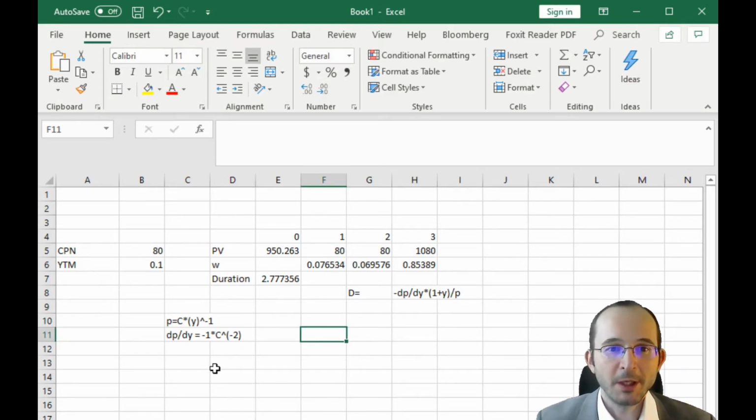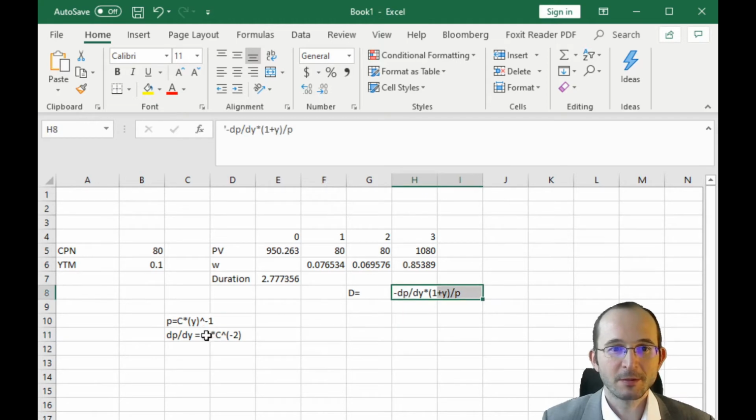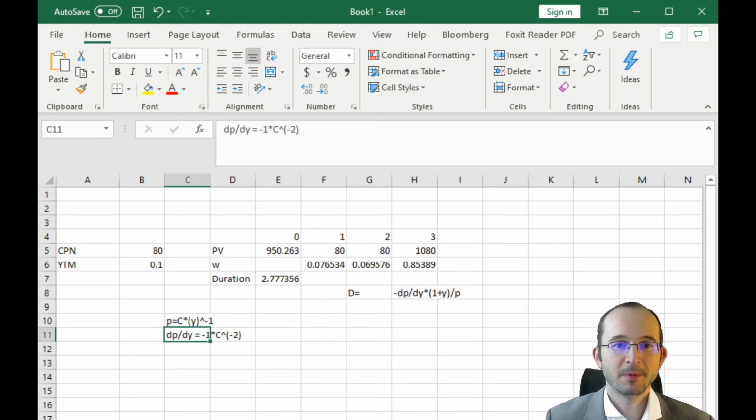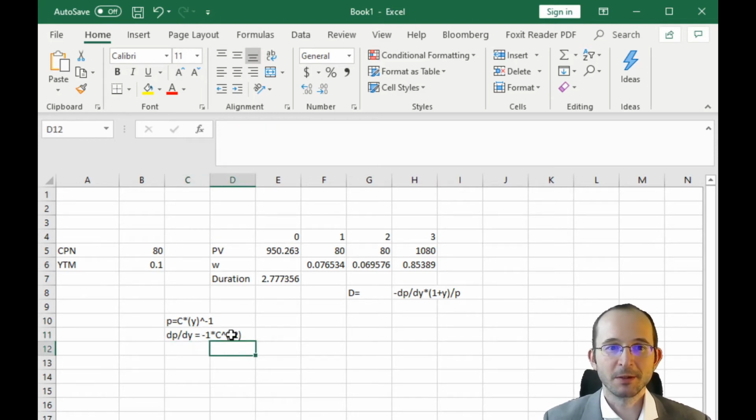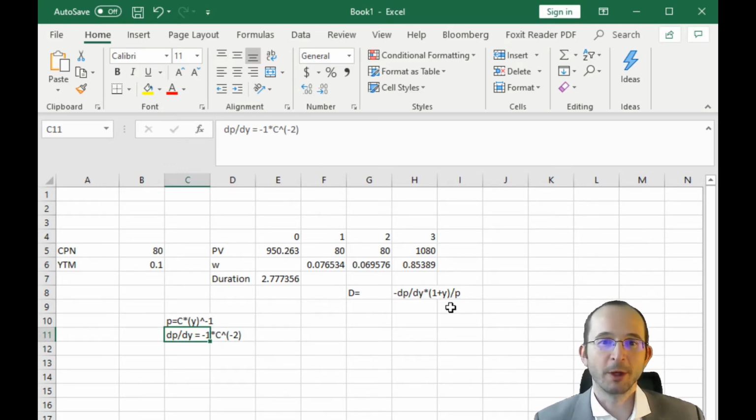So how can we get to this from this? Well, it looks like what we need to do is multiply this -1 times c times y to the -2 by (1 plus y) over P, right?